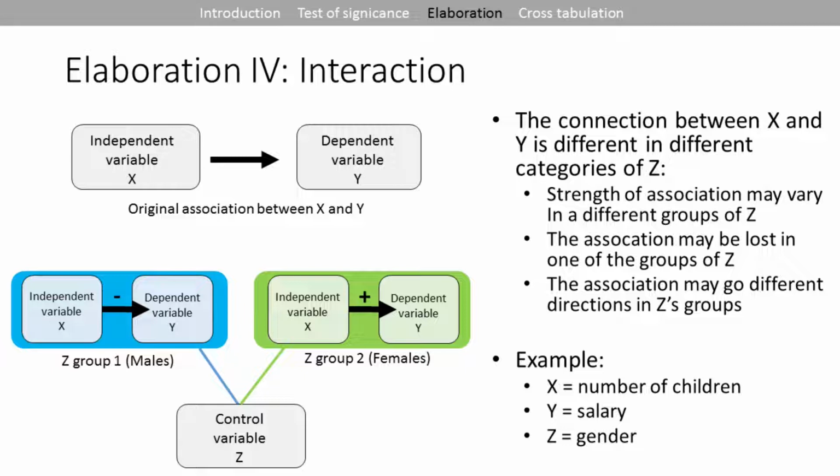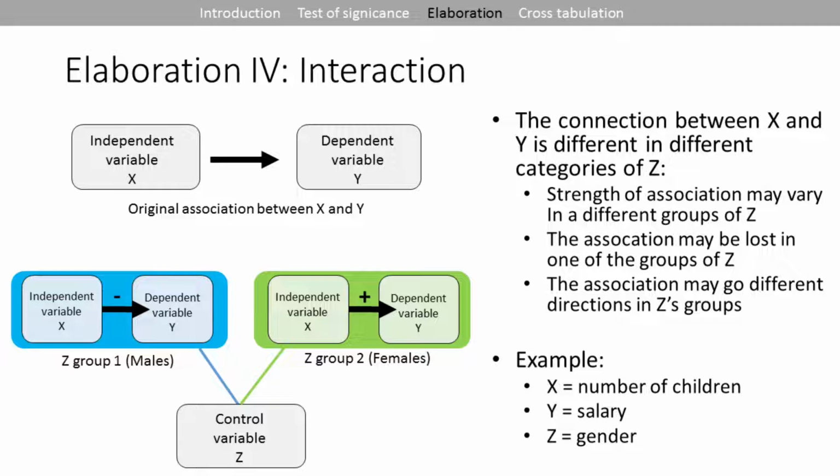The idea here is that the strength of the association may vary in different groups of z. So with more children, probably women will spend more time at home, which is time away from work. So the y factor, the salary, will go down.